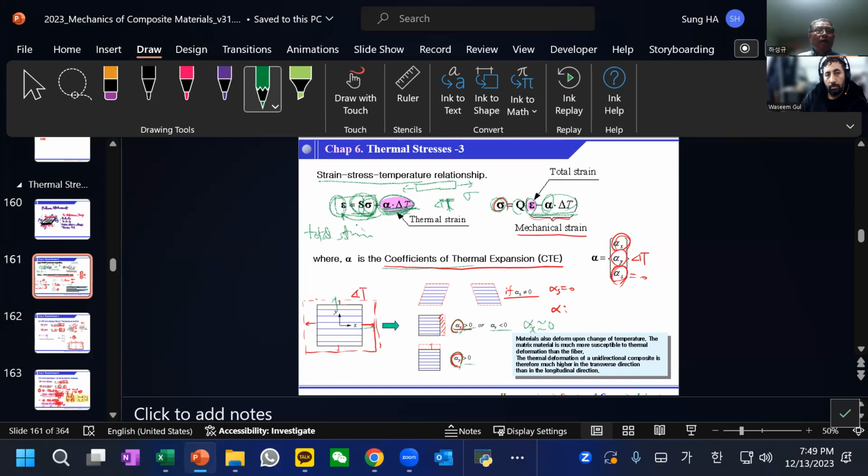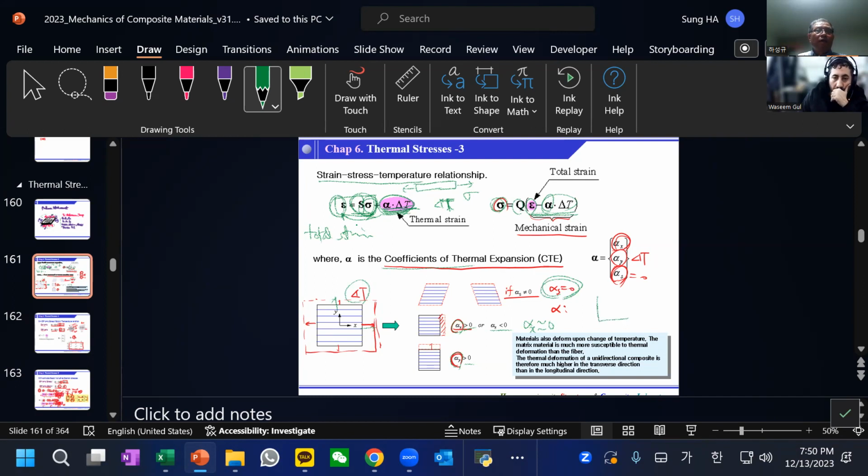Now, how about the shear thermal strain? Shear is always an angle change. So if we change the temperature, will the angle change? I guess not, because the material is symmetric. So usually alpha S is 0: no shear strain, no angle change.